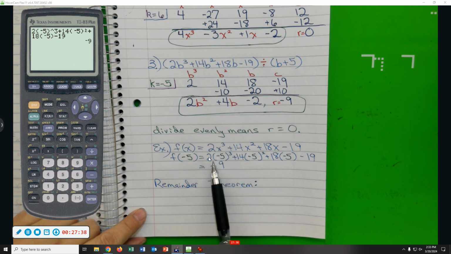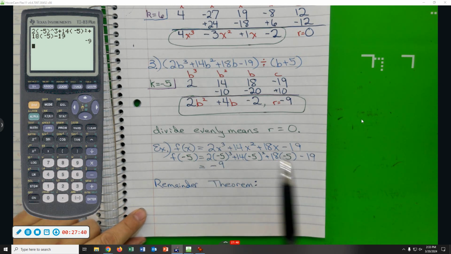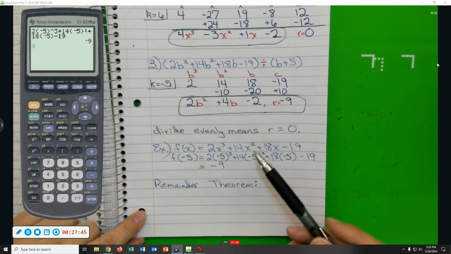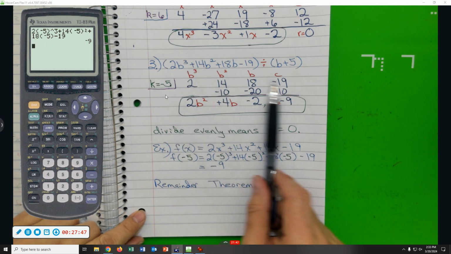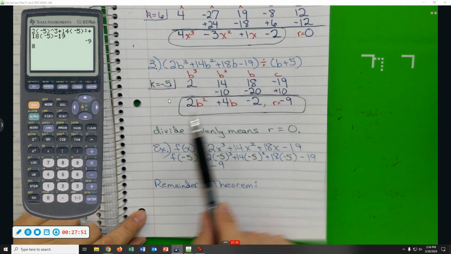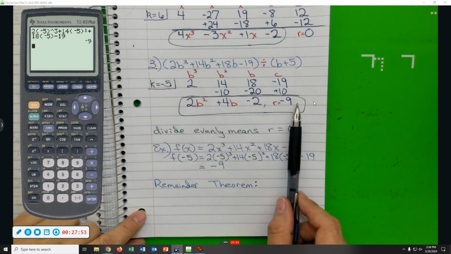But what's quicker, trying to do this by hand or setting up this little tableau with synthetic division? When I was going through this synthetic division, did we need a calculator? Did we even have any exponentiation going on?